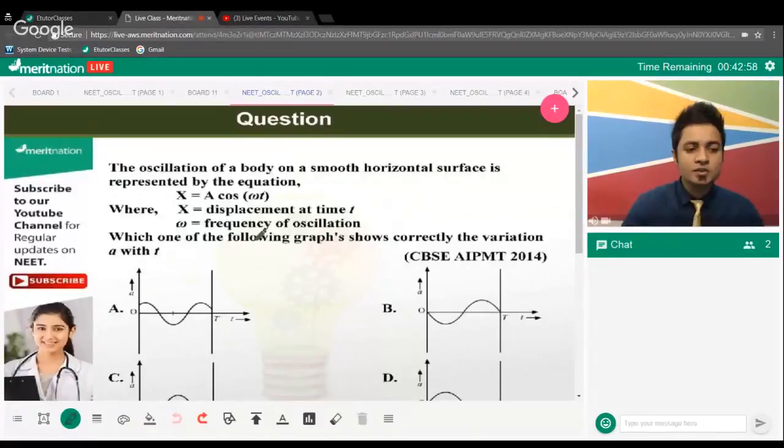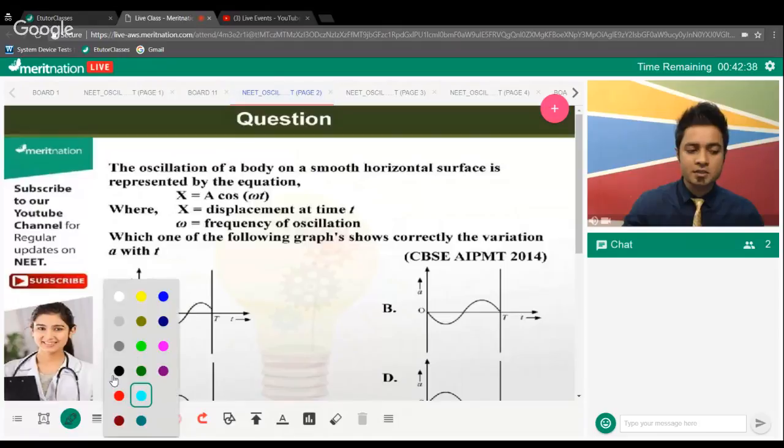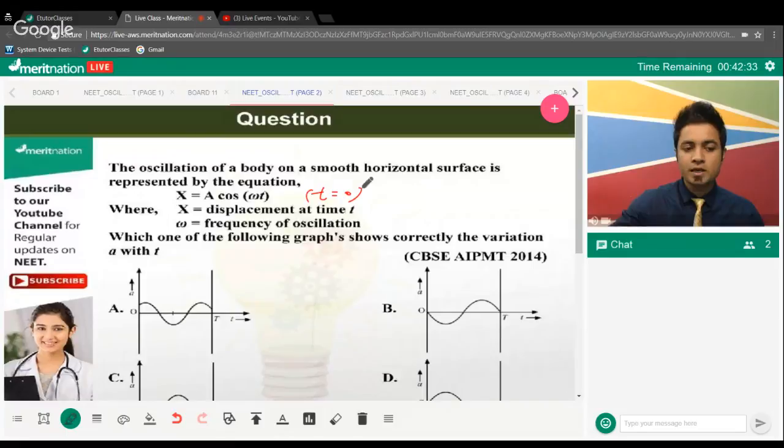The oscillation of a body on a smooth horizontal surface is represented by the equation x equals a cos omega t. Guys, you can see here the displacement is a function of cos. If you put t equals 0 here, x comes out to be a, meaning the motion is going to start from the extreme position.